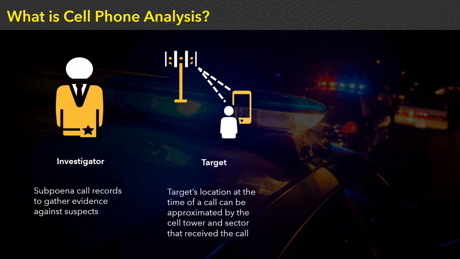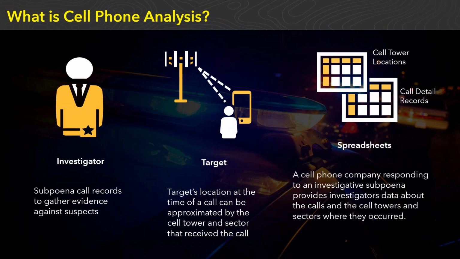And by understanding what cell tower that call was received on, and not only the tower but the individual sector on the tower, because towers have multiple sectors, we can approximate where that phone may have been at the time of the call, which has evidentiary value in the investigation.